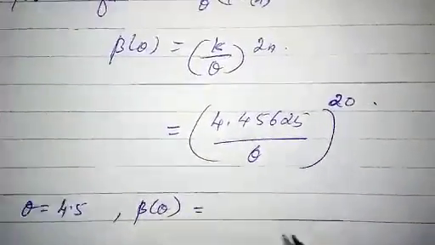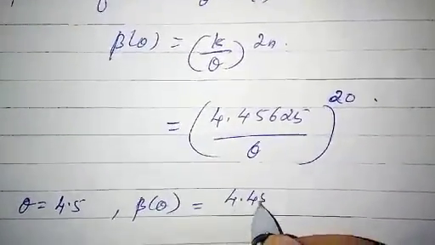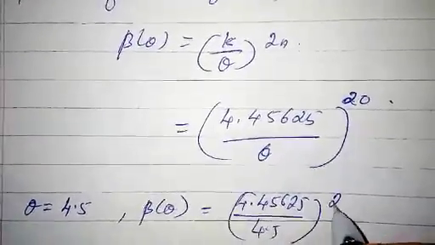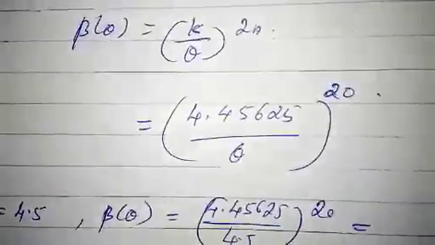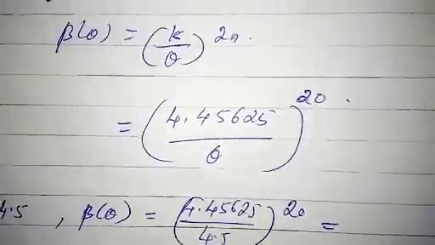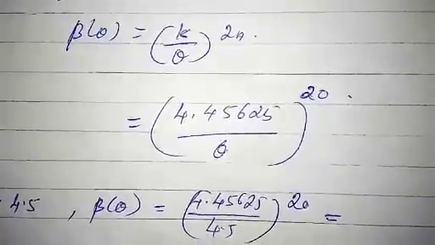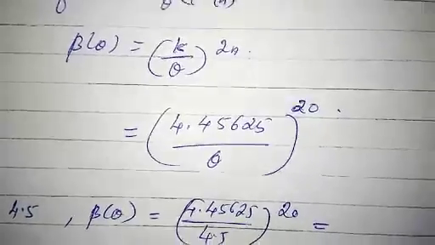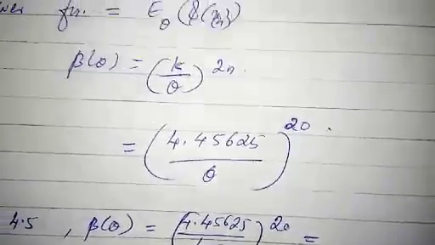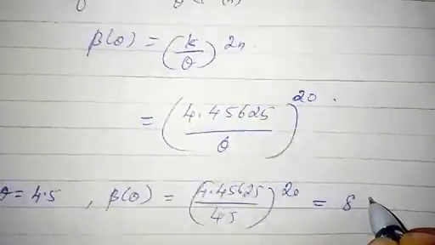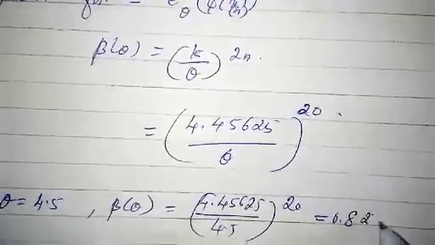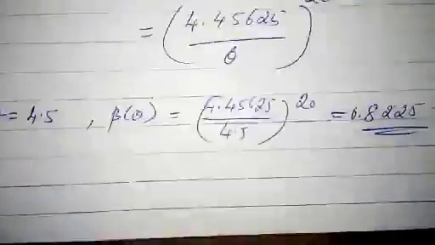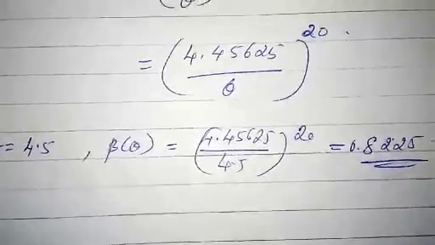It's 4.45625 divided by 4.5 power 20, which equals 0.8225. This is the value of the power function when theta equals 4.5.